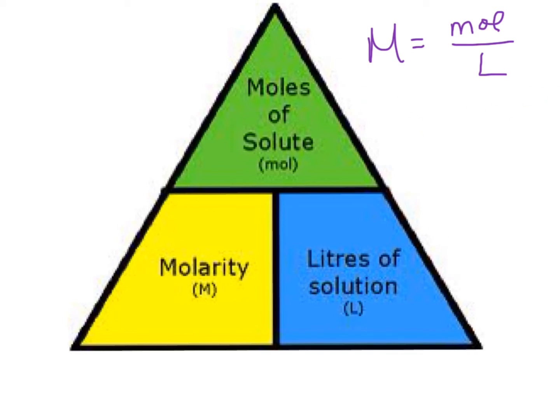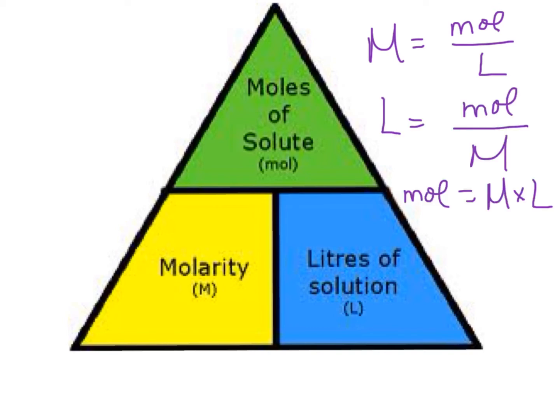If we wanted to calculate liters of solution, it would be moles over molarity, or moles divided by molarity. And if we wanted to calculate for moles, it would be molarity times volume. And so this is just an easy way of algebraically rearranging the equation for whatever you need to solve for.